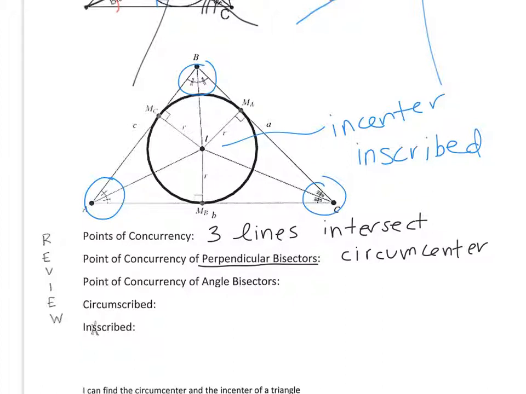The point of concurrency of the angle bisectors is called the incenter. Circumscribed means that the circle is around the triangle, and inscribed means that the circle is inside the triangle. So this one would have the circumcenter as its center, and this one would be the incenter.